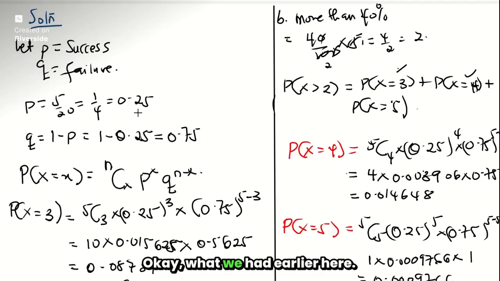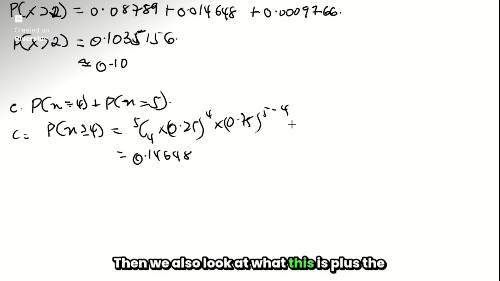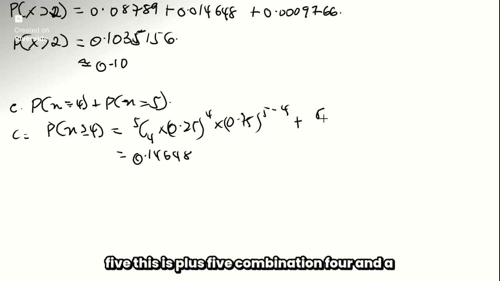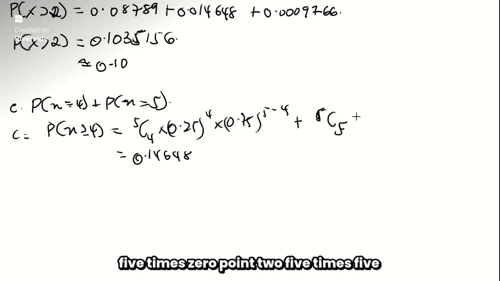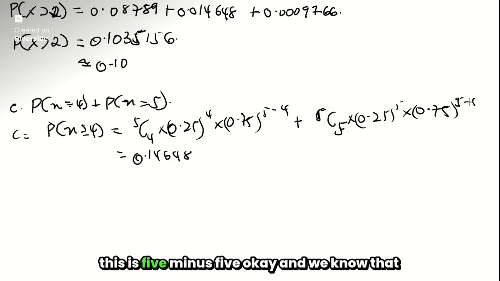This is 0.014648. Then we also look at the probability of X equals 5, which is 5 combination 5 times 0.25 to the power 5 times 0.75 to the power 5 minus 5.